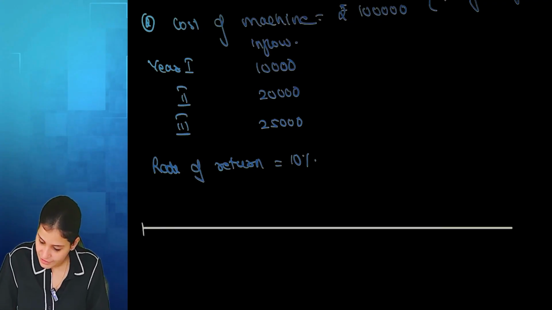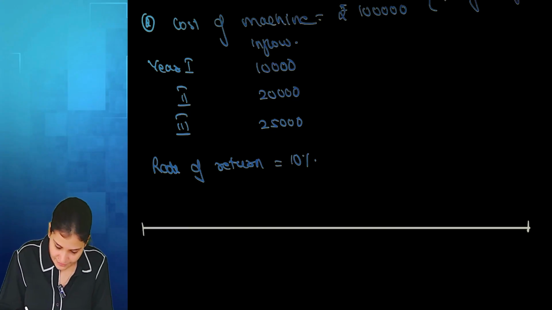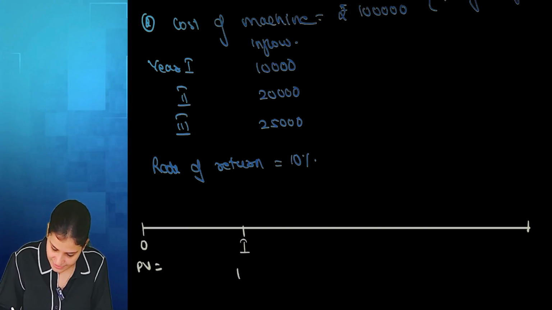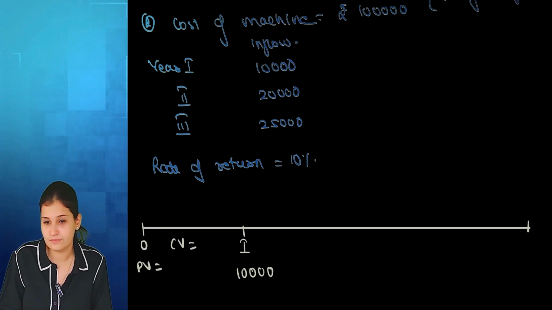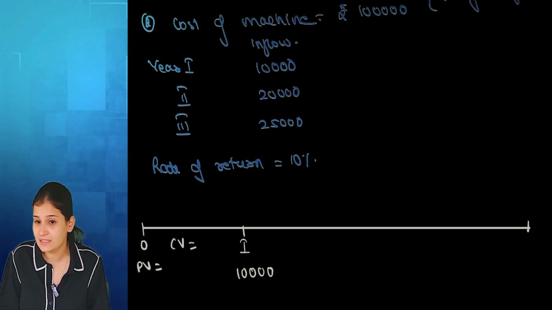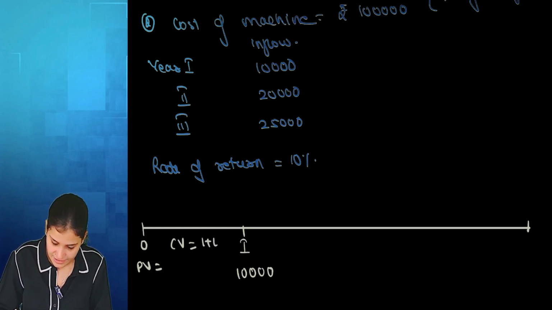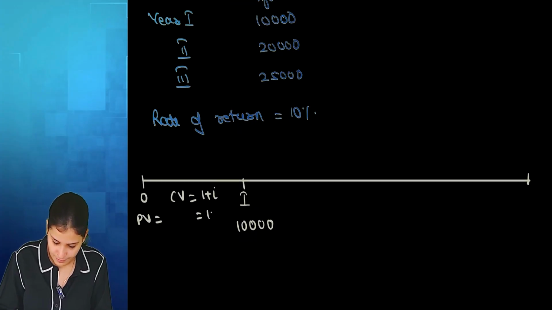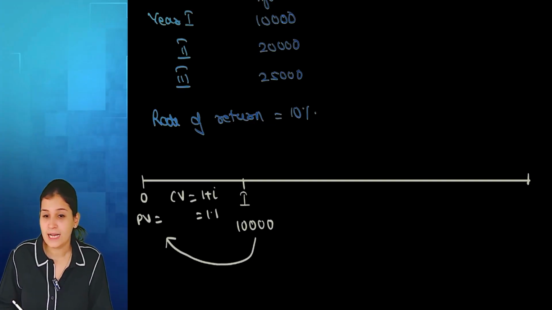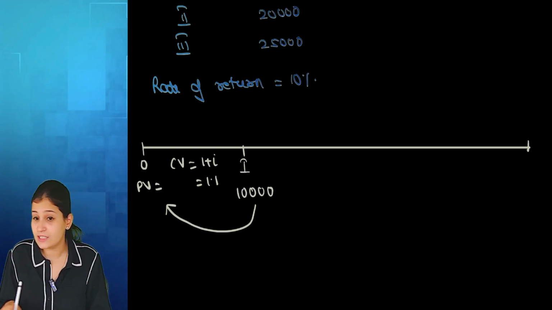We need to find out the present value, today's worth. In year 1, I'm getting 10,000. Compounding value was 1 plus i. What is 1 plus i in our case? 1.1. So 10,000, if I go back a year, how much will this give me? This does not come under annuity.